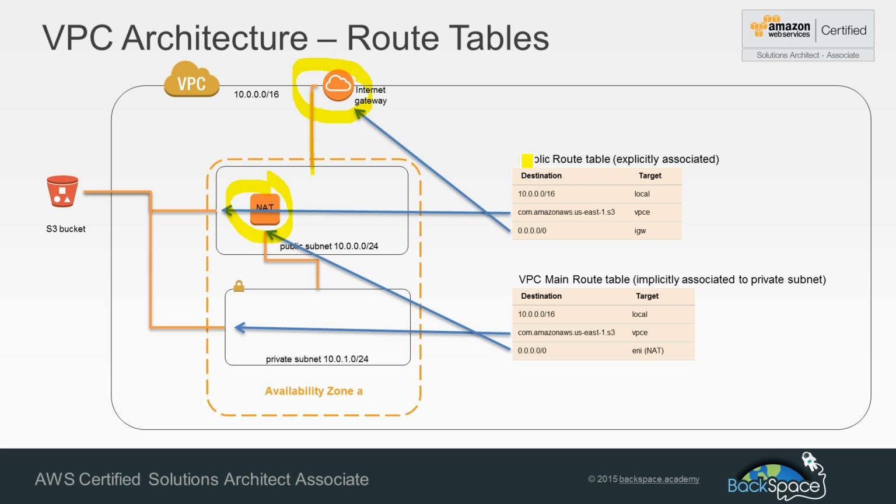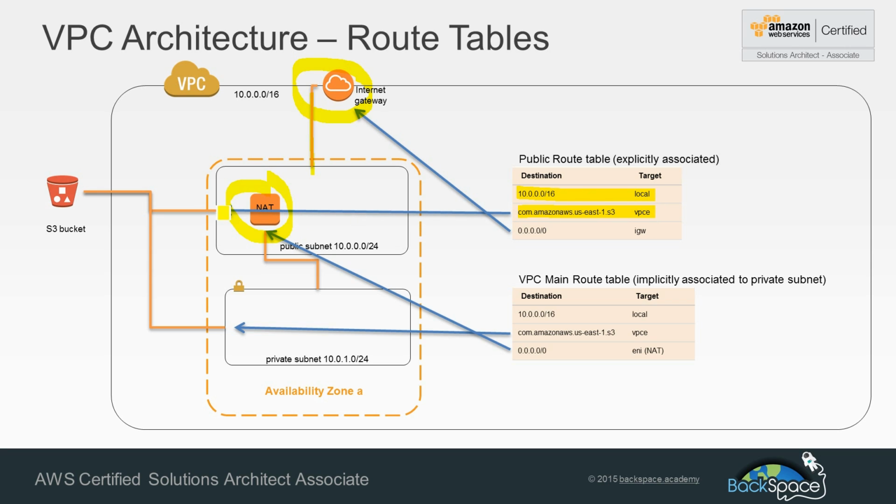Having a look at our public route table that has been explicitly associated to our public subnet, we have a local route for local traffic. We've also got our VPC endpoint for our S3 service.